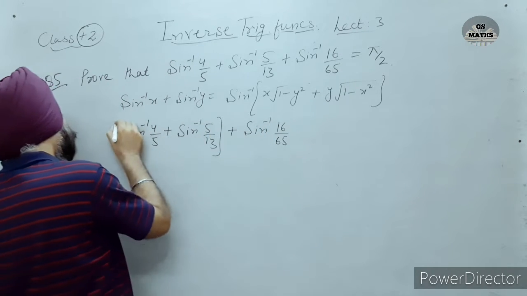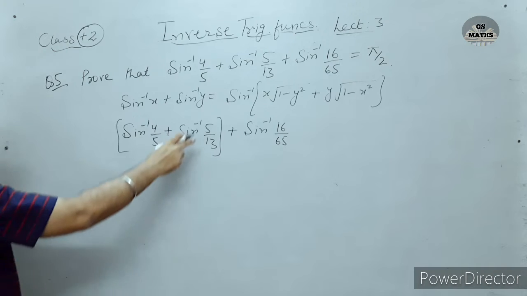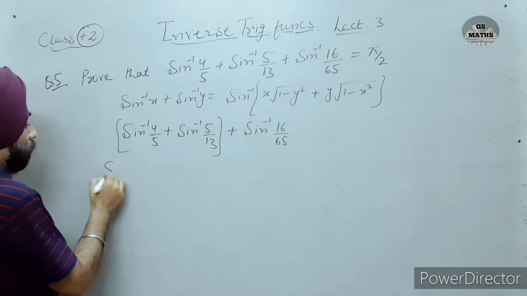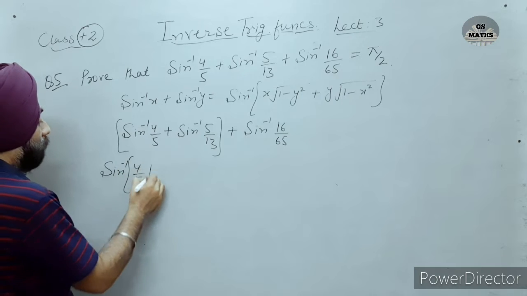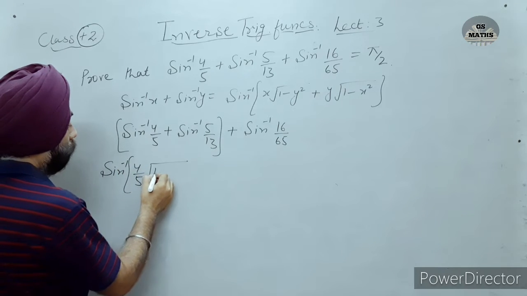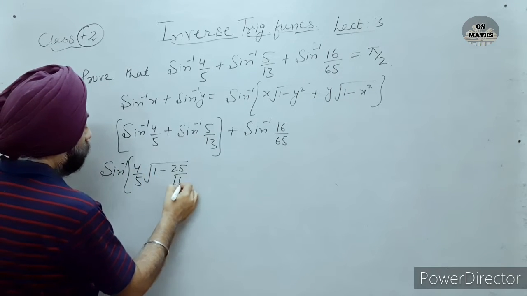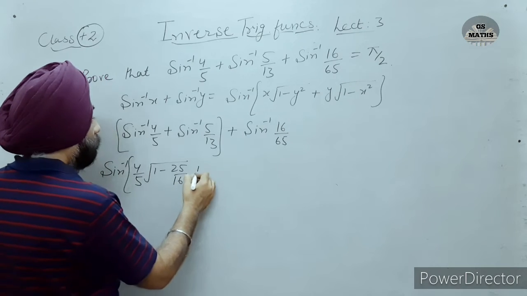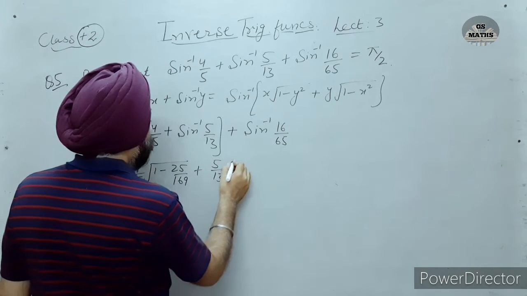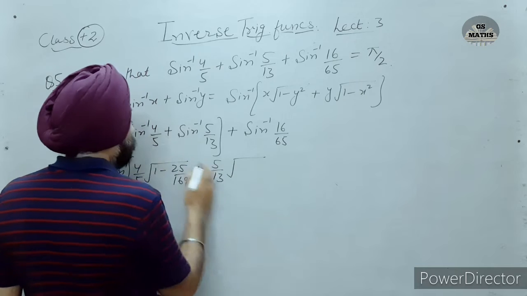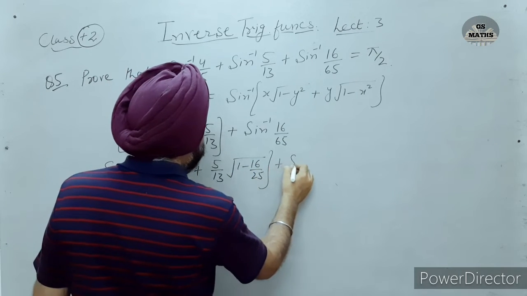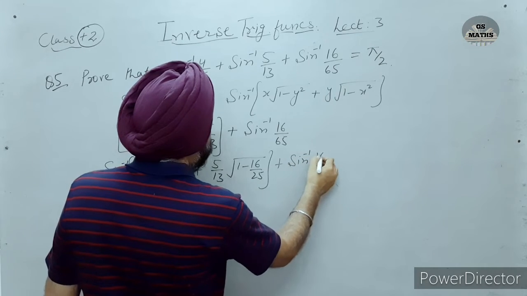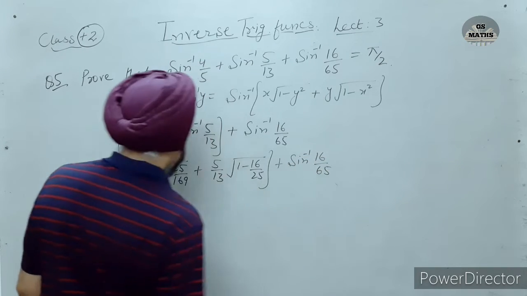Now I will apply this formula: sine inverse of x into under root 1 minus y square, under root 1 minus 25 by 169, plus 5 by 13 into under root of 1 minus x square, 1 minus 16 by 25, plus sine inverse 16 by 65.